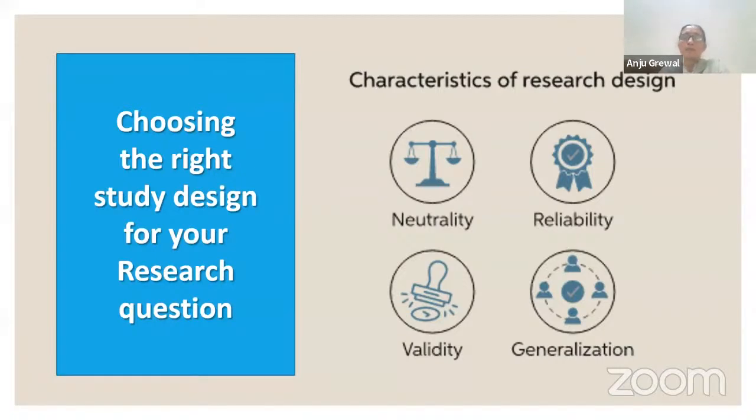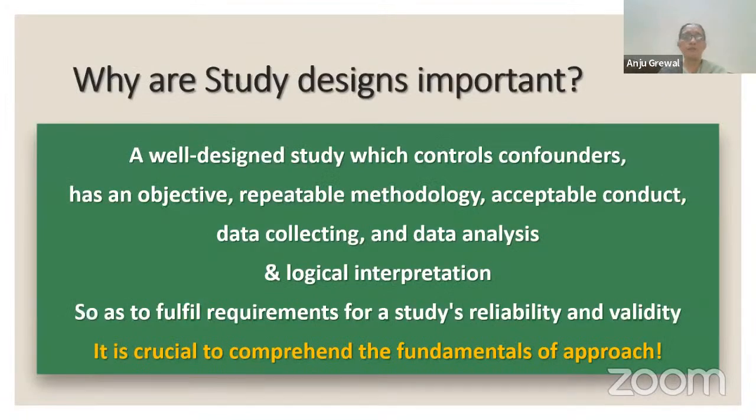It's very pertinent that the research design you choose for your question should have a high index of reliability and validity, and should have the propensity to be generalized to clinical settings as a whole, so that it can be utilized for clinical benefit, right?